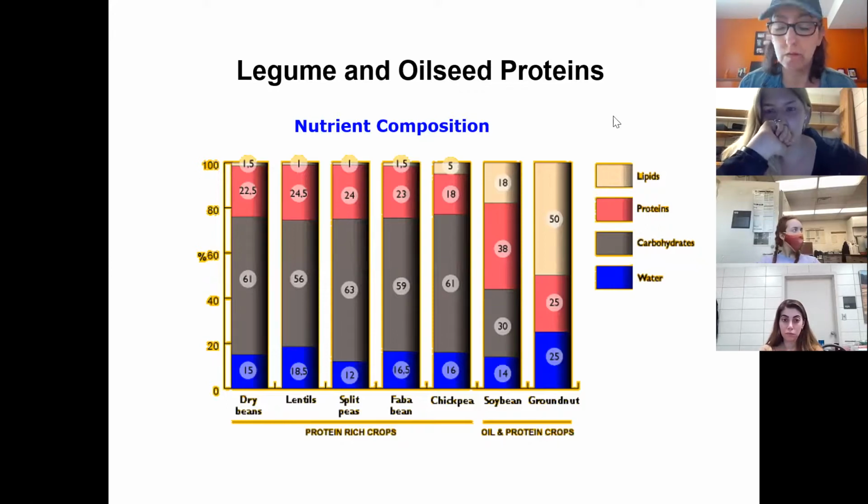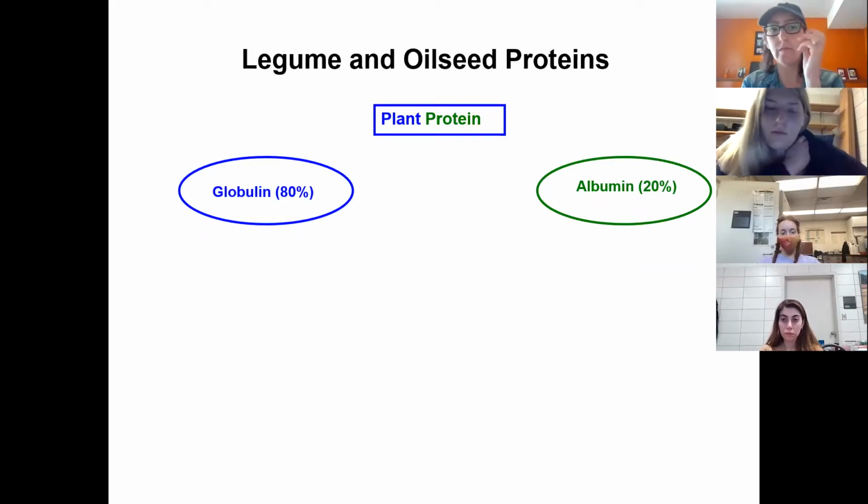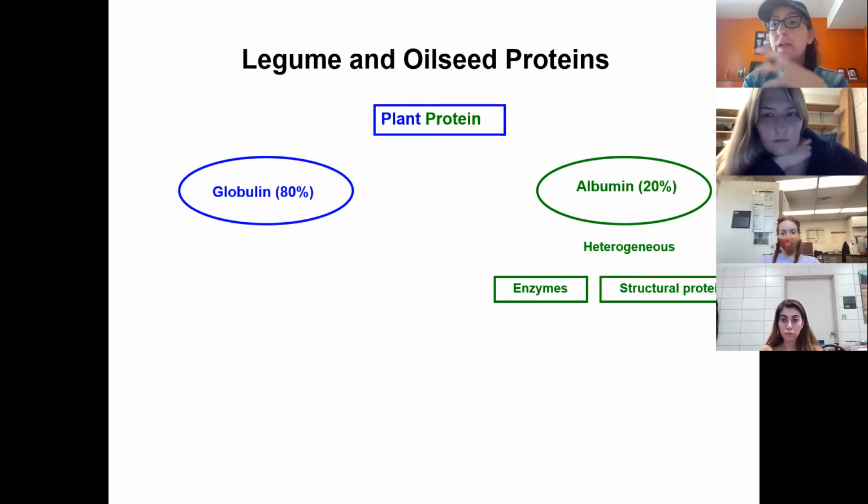So moving on, I was looking at the chat. All right. So for the proteins in plant sources in general, whether they are legumes or oil seeds, you have two categories: the globulins and the albumins. The albumins, if we want to think about food functionality, don't have much functionality.